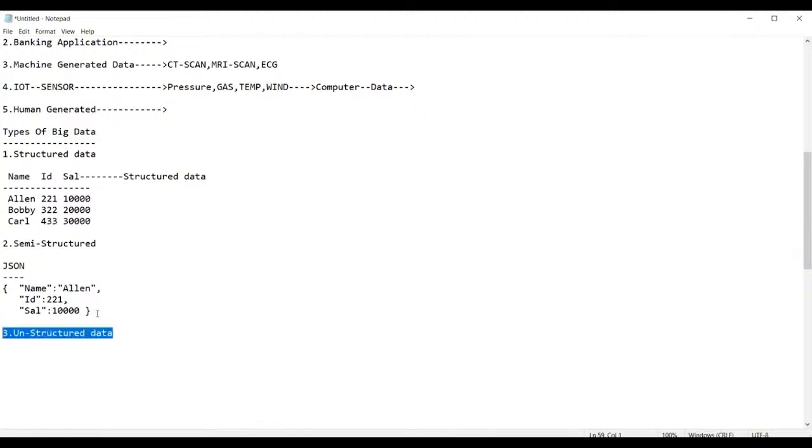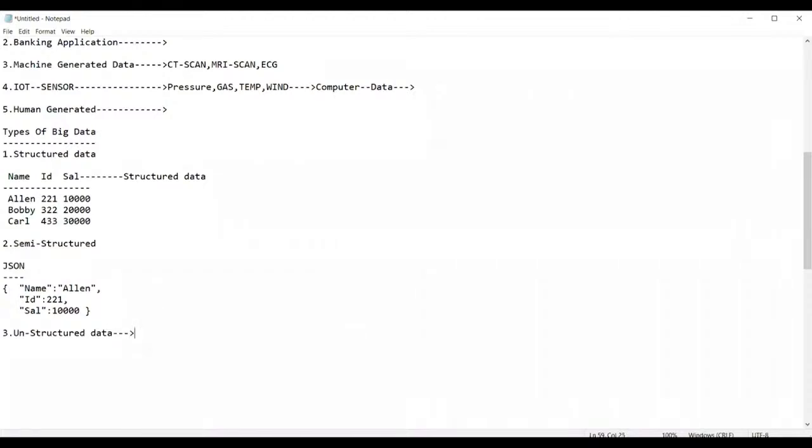Unstructured data is basically data with no particular structure, such as the photos in your mobile phone, the videos, the chat history, and the voice notes. All these come under unstructured data. There is no proper structure for it.